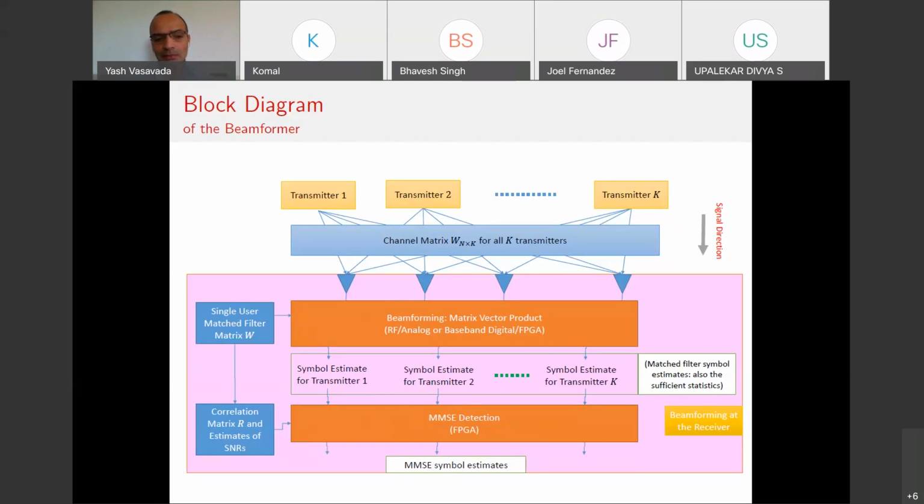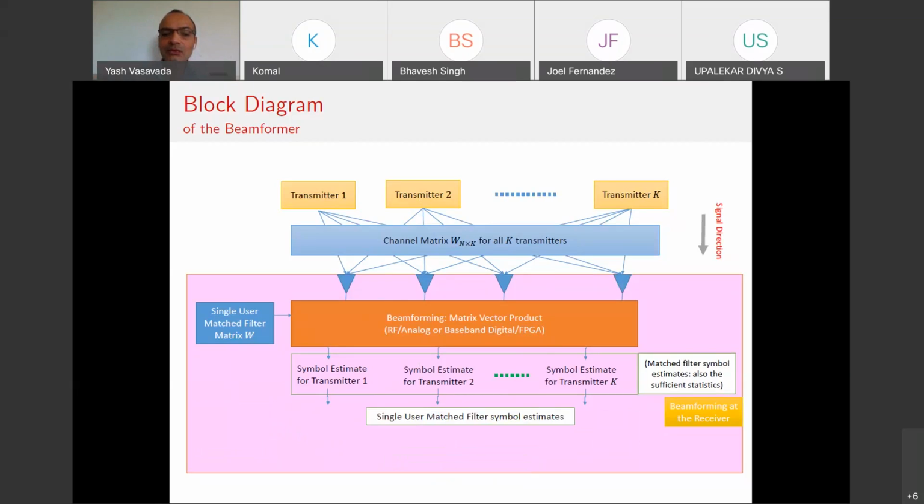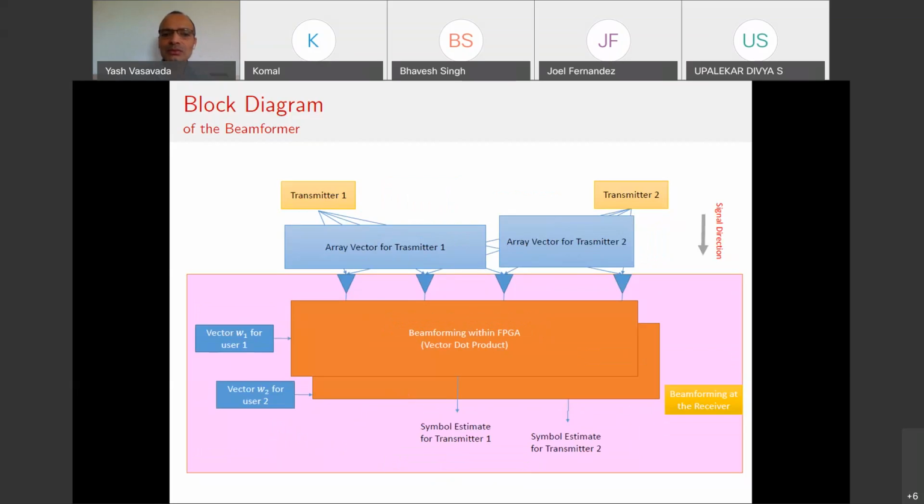Now I want you to hold this diagram. We are going to almost park this temporarily. What I want to do next is analyze a very simple case when there are only two transmitters and their corresponding array vectors are not orthogonal. I want to look at what happens if we stop here.